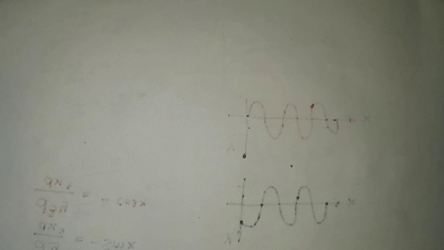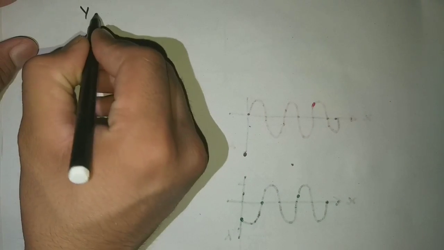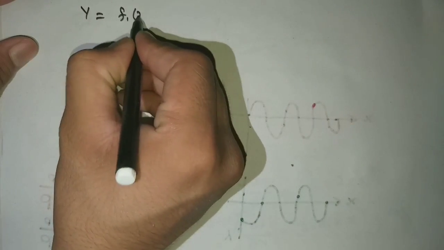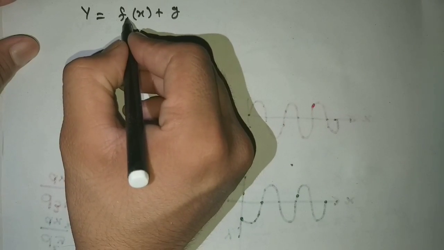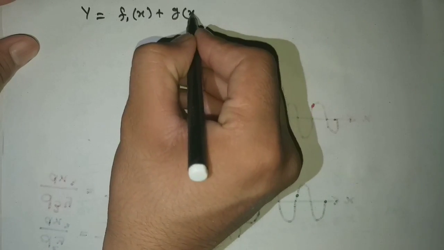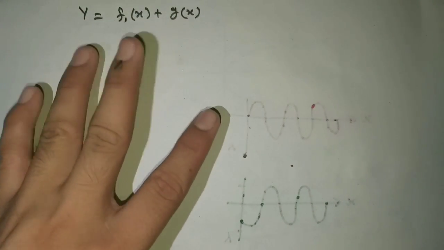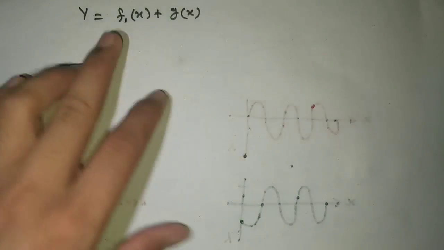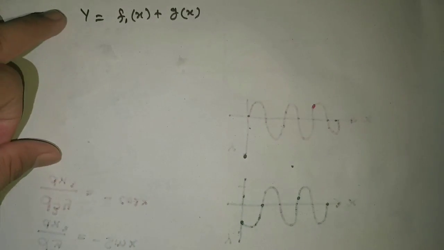So now I'll be discussing some properties of differentiation which are very important. Like if I say I have two functions, if I say y is equal to fx plus gx. If I have two functions of x which are added, then how will we differentiate this?